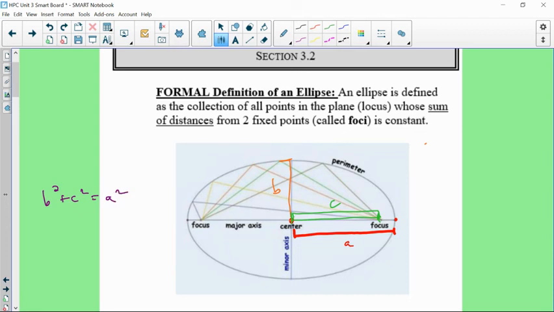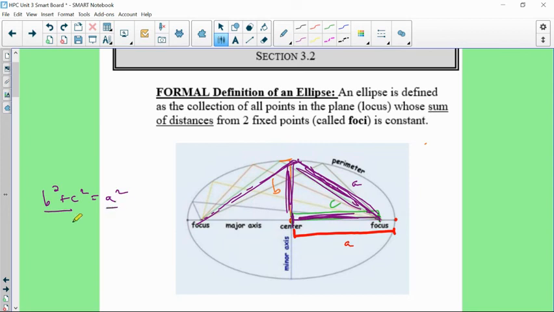The way this works is that we see this as c, we see this as b, and if you look at the distance from here to here, that distance is equal to 2a, making this distance here a. So you get b squared plus c squared equals a squared.